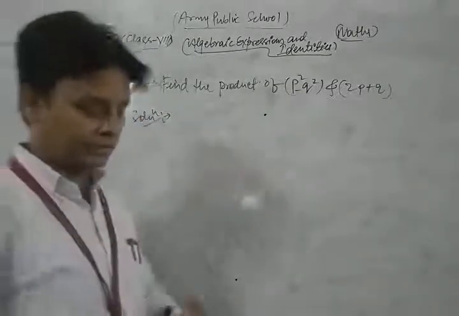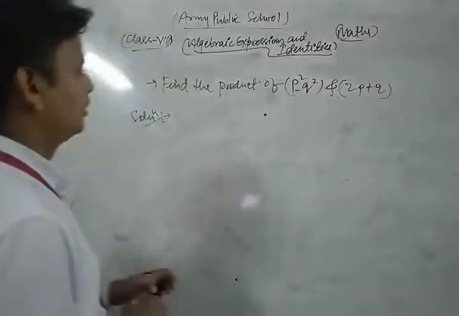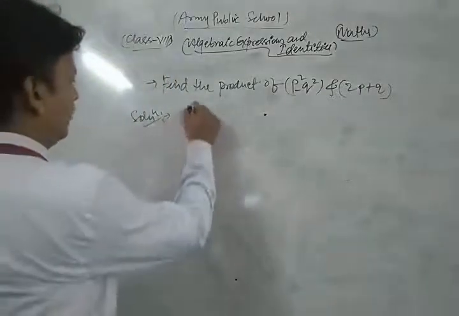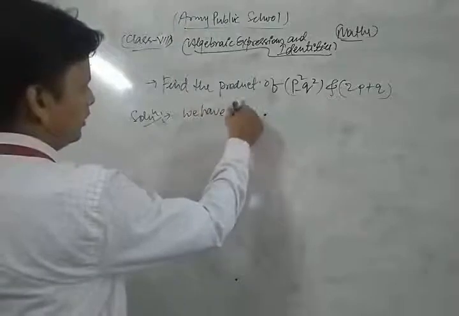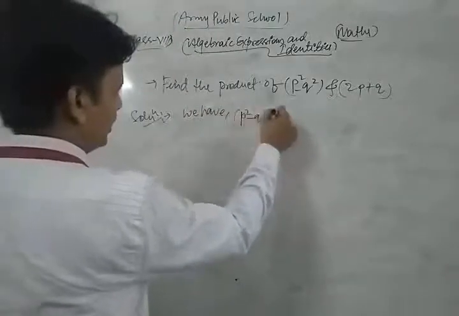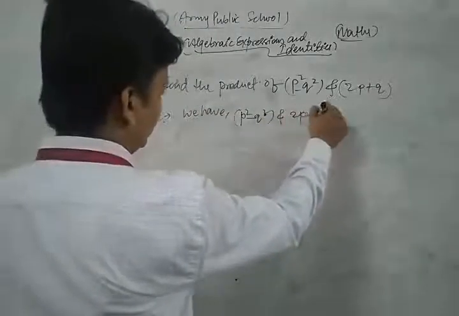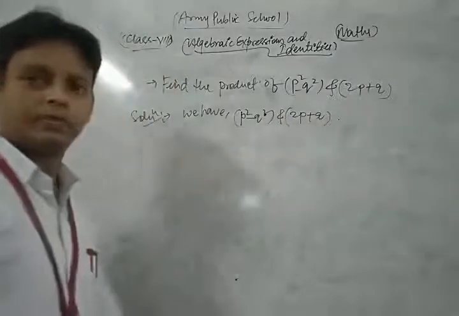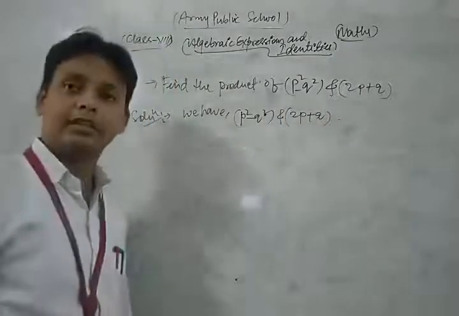We find the product of these two terms. So first of all, we have p square minus q square and 2p plus q, and we find its product.